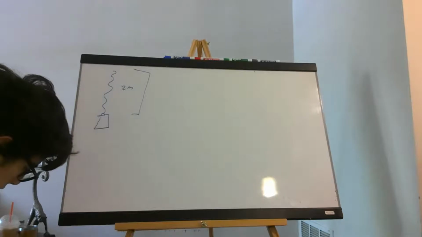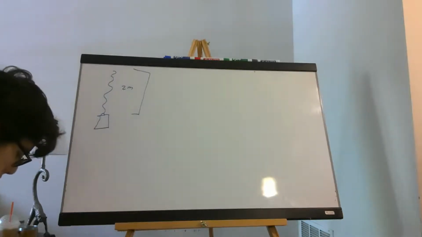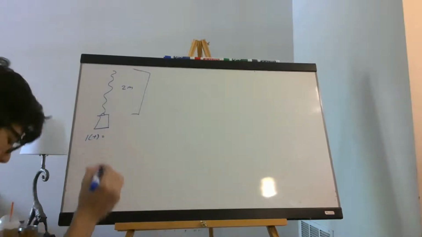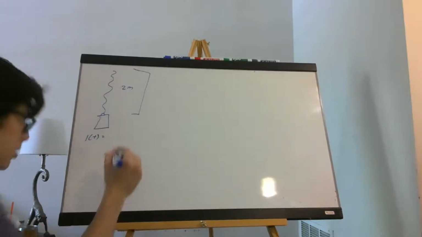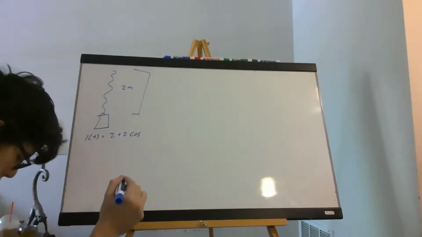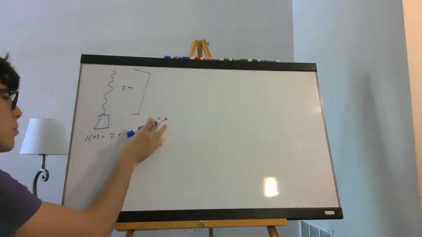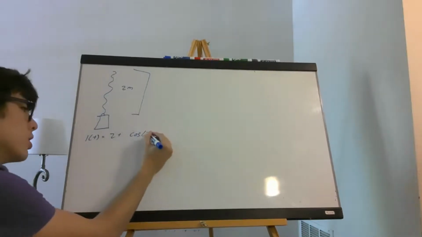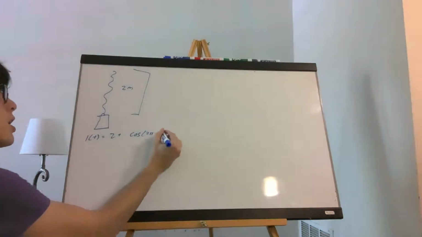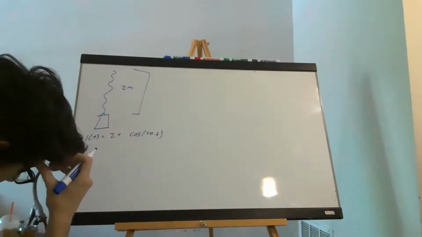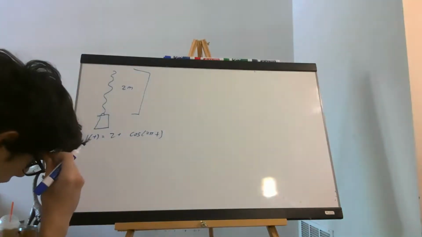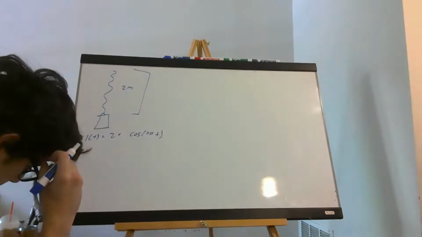The length L of the spring after t seconds is given by L of t is equal to 2 plus cosine of 2 pi times t. Alrighty, so they want us to find the velocity v of the weight at time t equals 1 over 4.